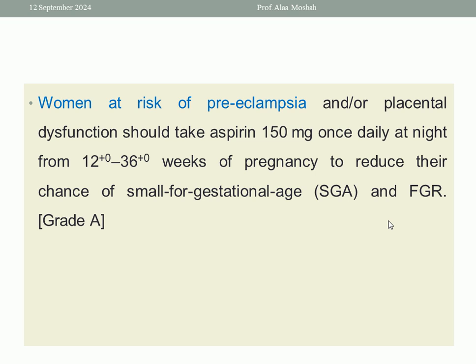What about preeclampsia? Women at risk of preeclampsia and or placental dysfunction should take aspirin 150 milligrams once daily at night from 12 up to 36 weeks of gestational age of the current pregnancy to reduce the chance of small for gestational age and fetal growth restriction.